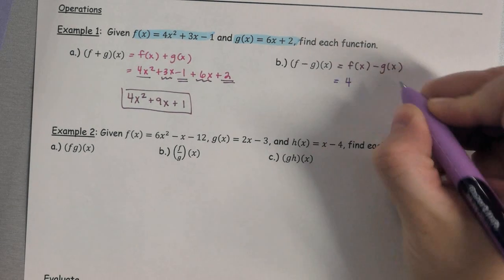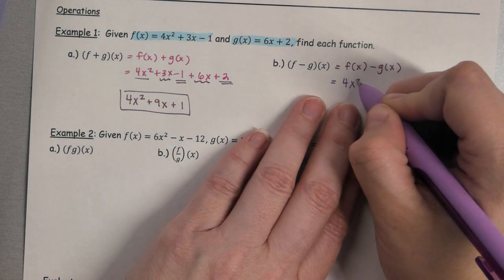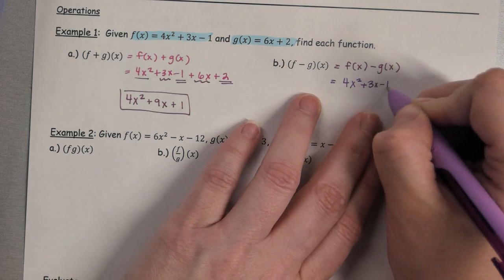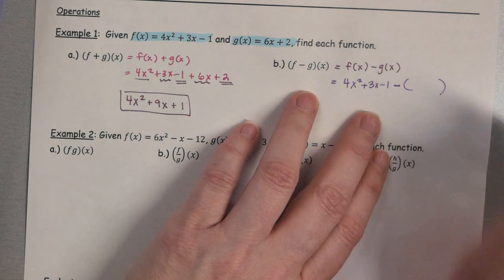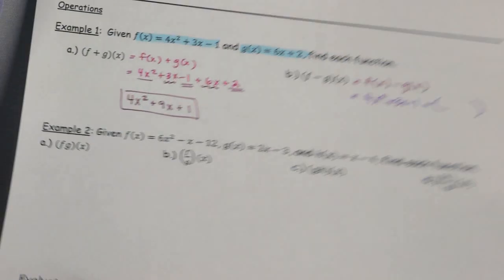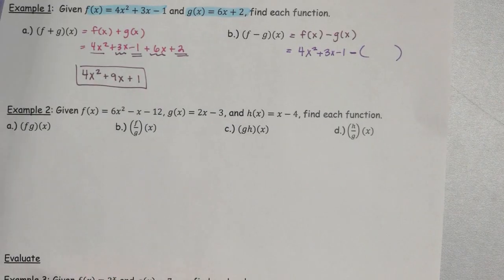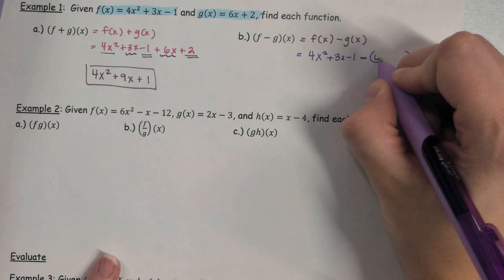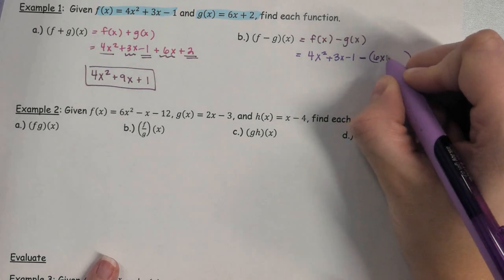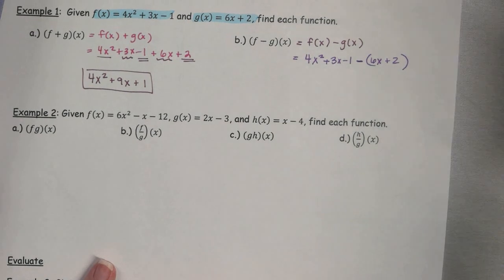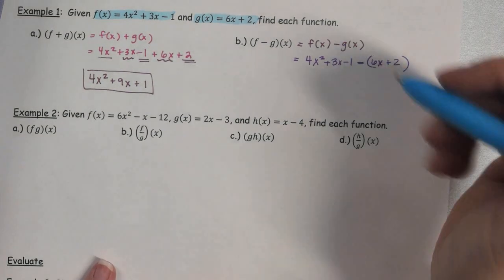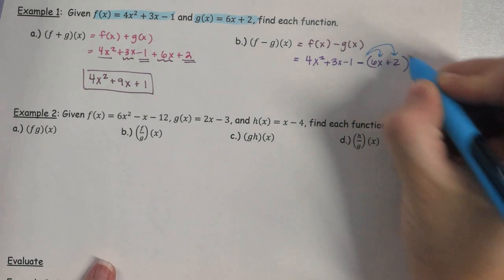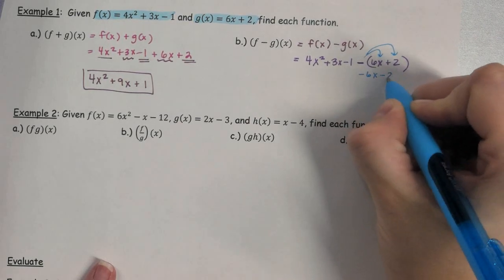So now we have 4x squared plus 3x minus 1, but minus, and so I'll put that in parentheses, or when I write it down, if I'm doing this on my homework, I would apply it as I'm writing it. Okay, so the distributive property means this is going to become negative 6x and negative 2.